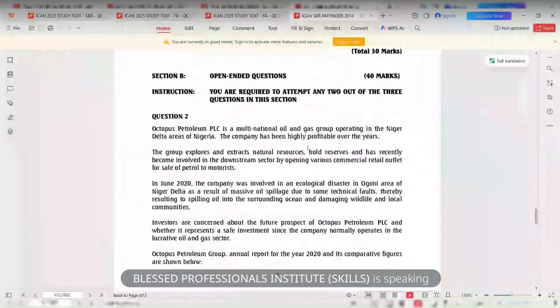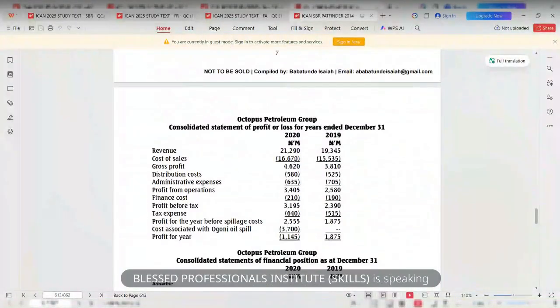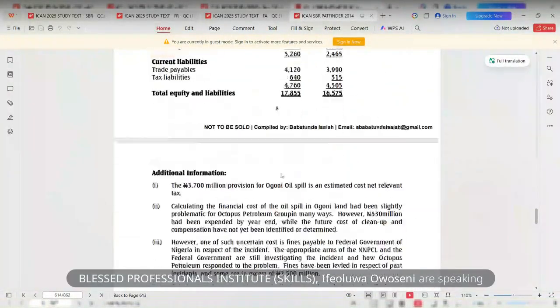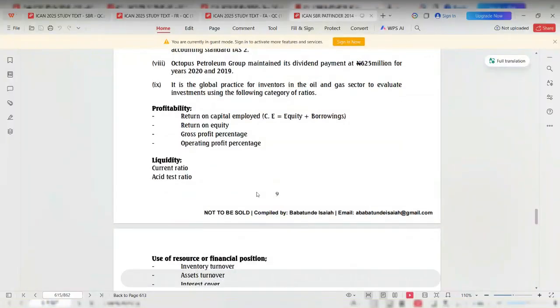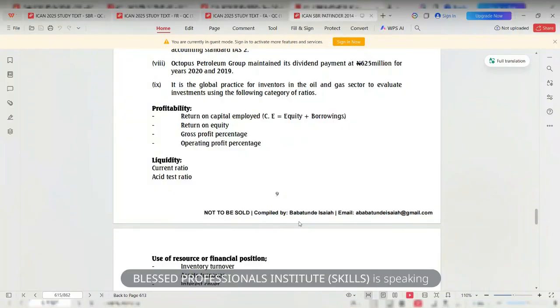What is the formula for inventory turnover? Cost of sales over average inventory. And I told us that for average inventory, if they give you opening and closing, you add opening and closing together and divide by 2. But in this situation, I don't think they give us opening and closing.